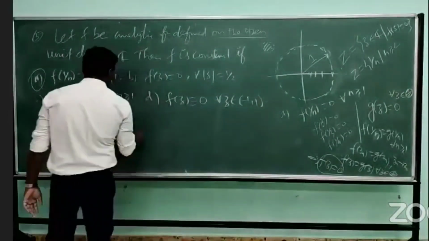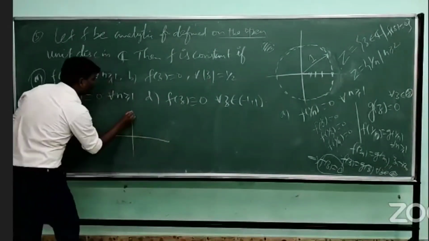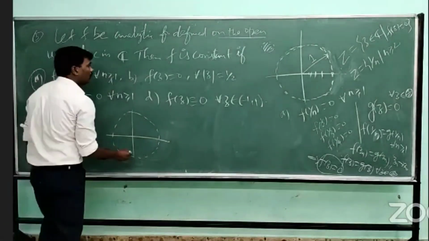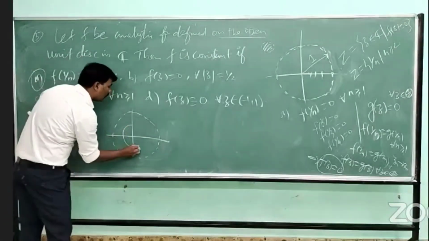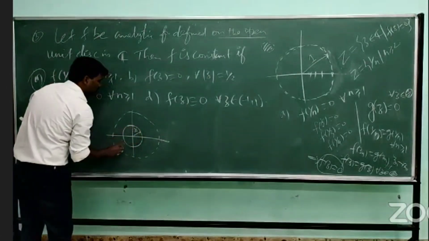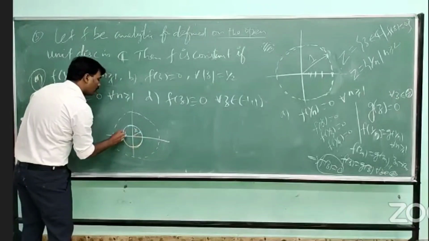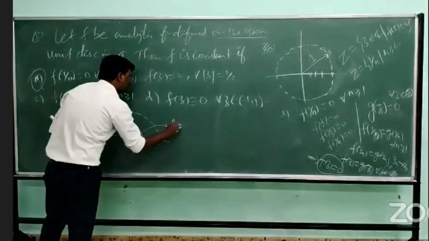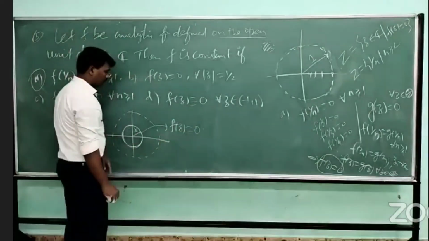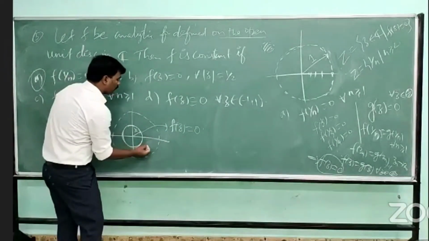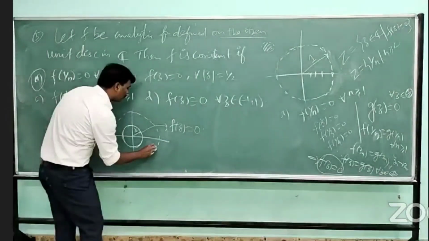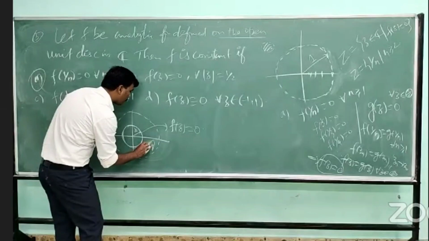What is the meaning of option B? There is a half radius circle. F is vanishing at every point in the circle, the half radius circle. We don't know about the other points. Now I would like to ask one question.